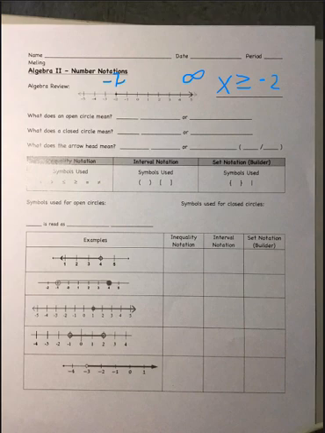So when we're talking about some of our terminology, an open circle, so if where that -2 is at was an open circle, that means it's not equal. Open circle means not equal. Or exclusive. And like I said before, forgive my writing. It's not very good, but we'll work on it.